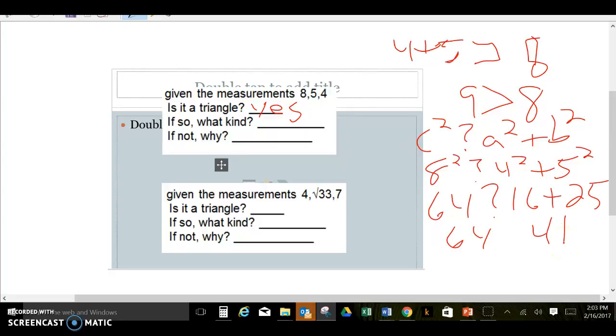So the left side is greater than the right, 64 is greater than 41. And if the left side is greater than the right, we say it's an obtuse triangle.